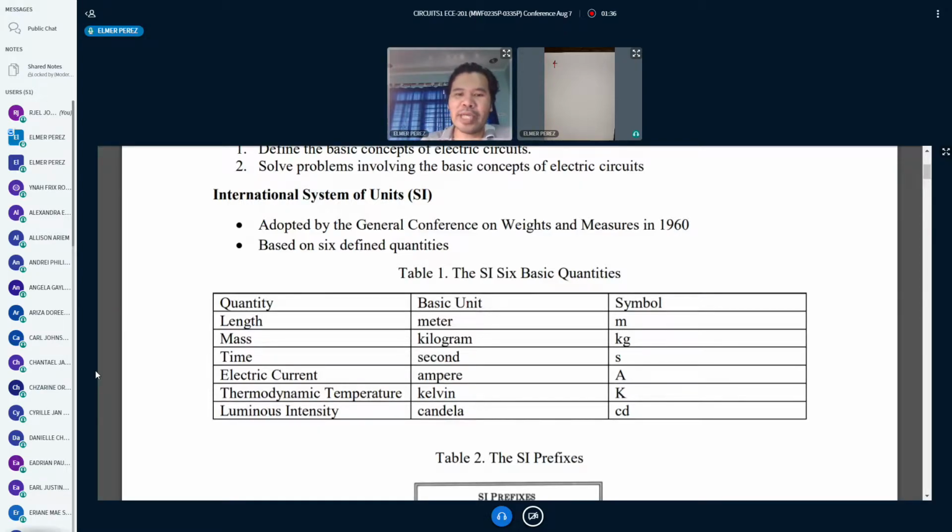Ayan. Kung SI yan, so meron silang mga corresponding English counterpart. Ano yung unit standard or basic unit of length in English? Can you type your answer?